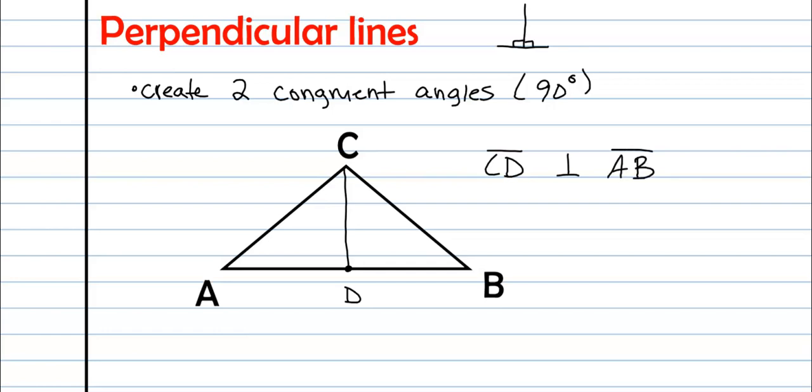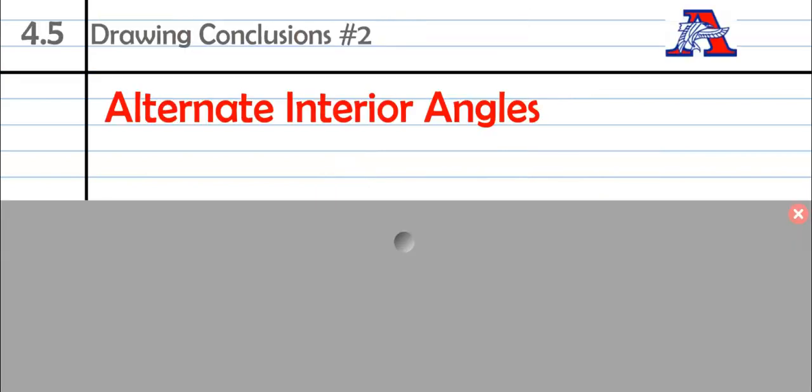If that is the case, then we can fill in a congruent set of angles right down here. So at that point, you could say that angle ADC is congruent to angle BDC because of perpendicular lines.